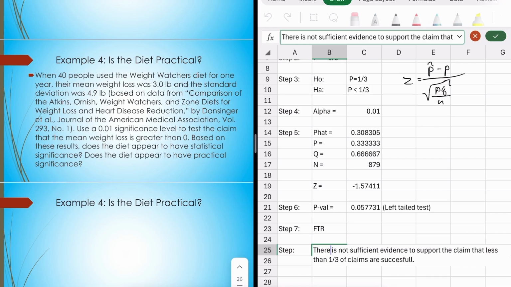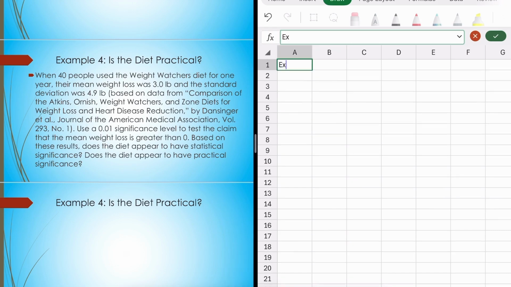All right, let's do the last example. Example 4, diet. Step 1, original claim. Now would be a good time to do this and see what you get. When 40 people use the Weight Watchers diet for 1 year, their mean weight loss was 3 pounds, and the standard deviation was 4.9 pounds.